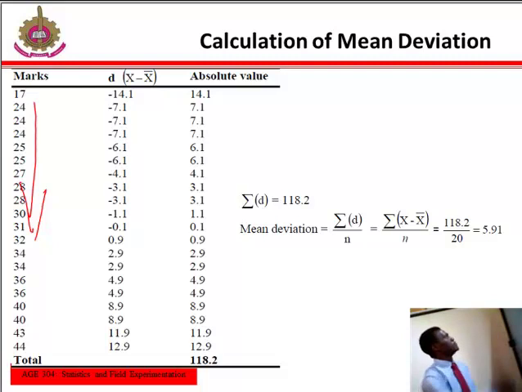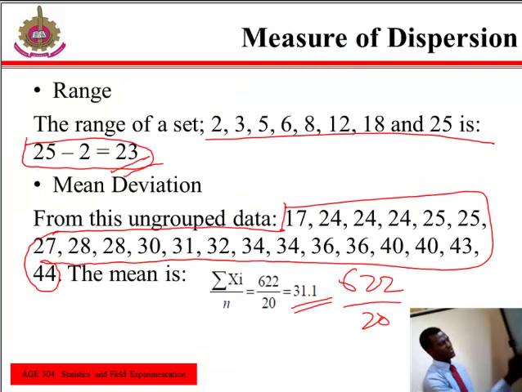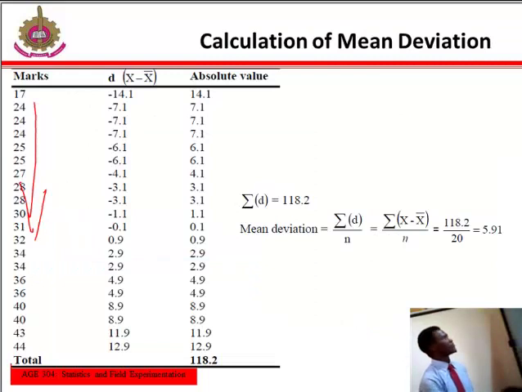For the second column, we subtract our marks from the mean that was earlier calculated, which was 31.1. For each of the values on the first column, we will be subtracting 31.1 away from it.